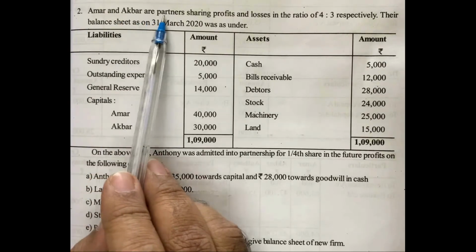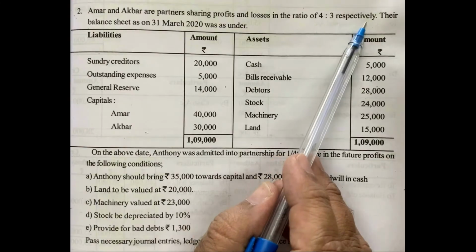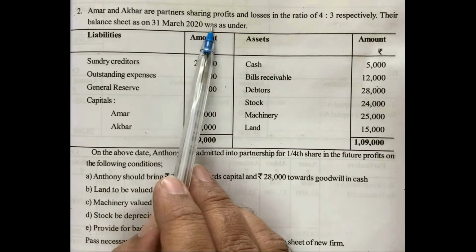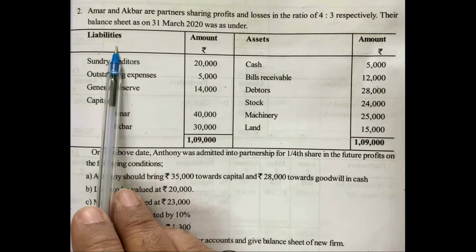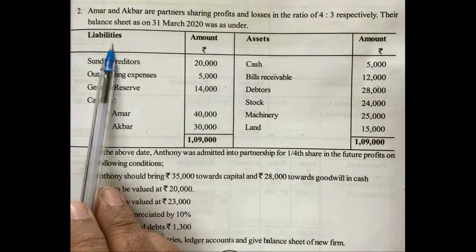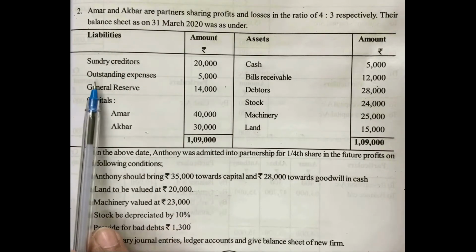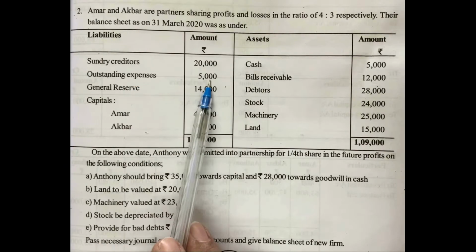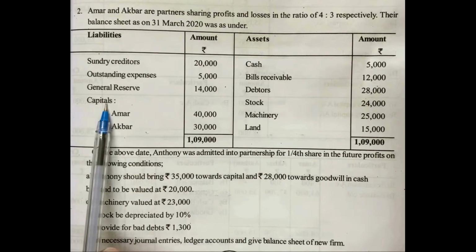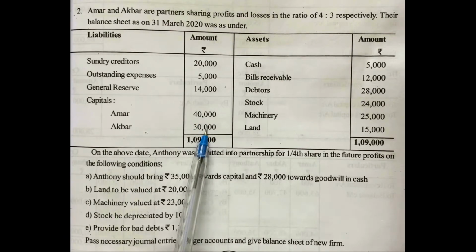Amar and Akbar are partners sharing profits and losses in the ratio of 4:3 respectively. Their balance sheet as on 31st March 2020 was as under: liabilities, amount; assets, amount. On the liability side, he is giving sundry creditors 20,000 rupees, outstanding expenses 5,000 rupees, general reserve 14,000, capitals of Amar and Akbar are 40,000 rupees and 30,000 rupees.